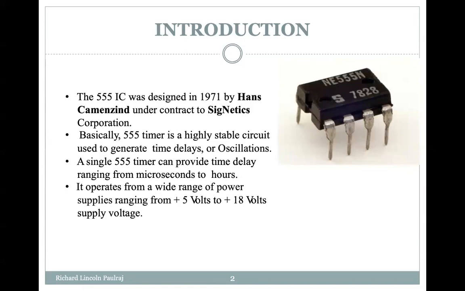Now, why do we need a time delay? As I've mentioned in my previous lectures, a few systems will be very fast, but a few interfaced systems will be slow. For example, if you compare internal memory and external memory, internal memory will be faster in operation. This happens even with respect to circuits.